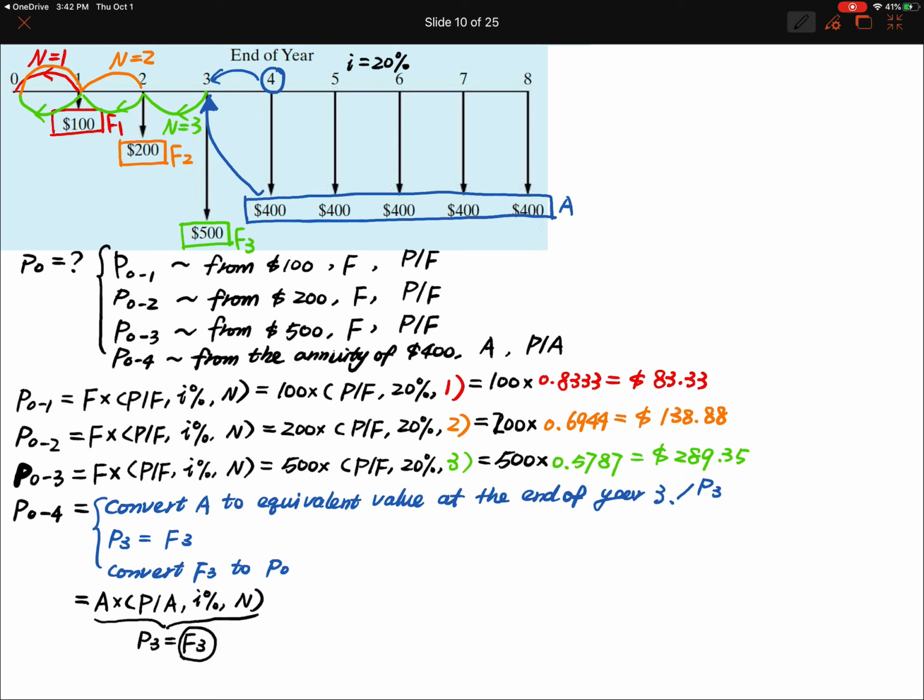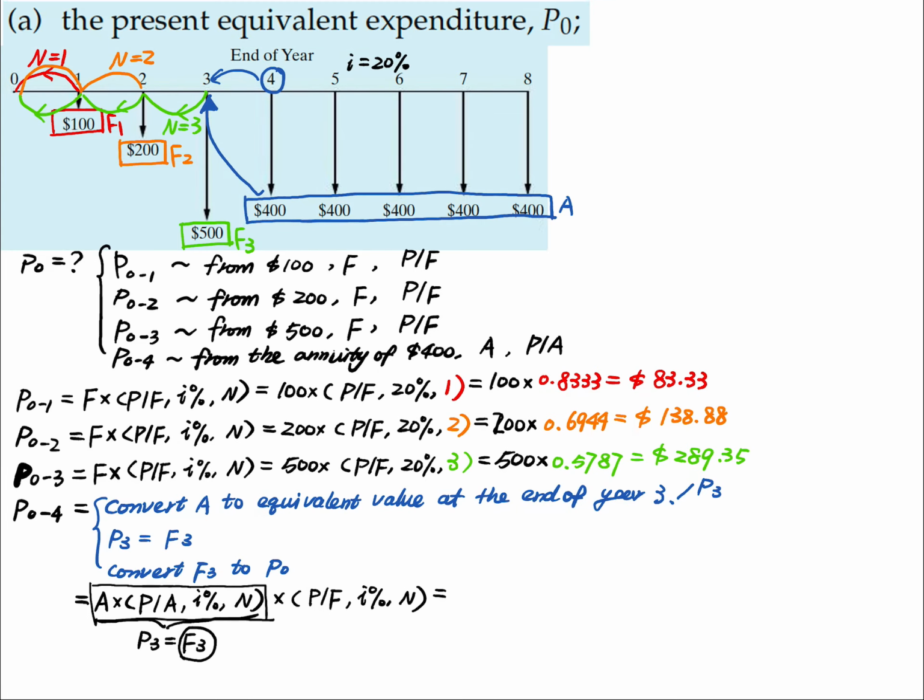Okay, and if you have something at a future time at year 3, how do you convert that to the present value at 0? You use this value, times another factor, which is to find P given some future value, right? P/F, i% and N. Okay, so this is the entire calculation.